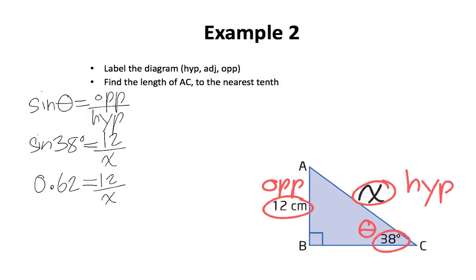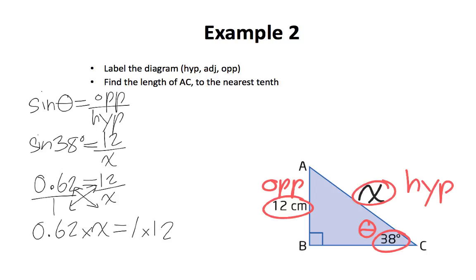At this point, you want to change 0.62 into a fraction. And you do that by putting it over 1. Next, we're going to cross multiply. And that is going to give us 0.62 multiplied by x, which is equal to 1 times 12.